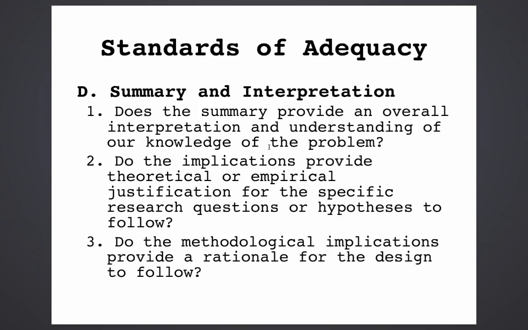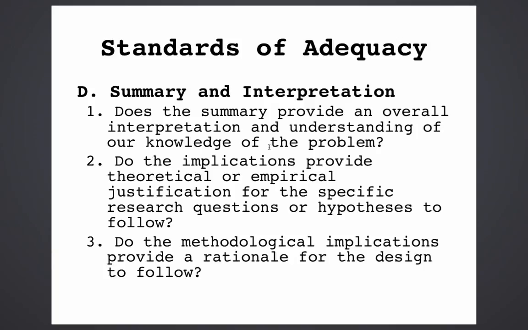So the summary and the interpretation should clearly and concisely provide an overall interpretation and understanding of the current state of the problem. It should also lay out the implications and justify why these research questions need to be answered, or hypotheses need to be tested.